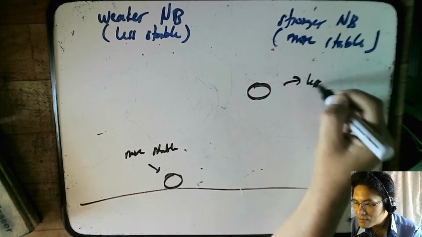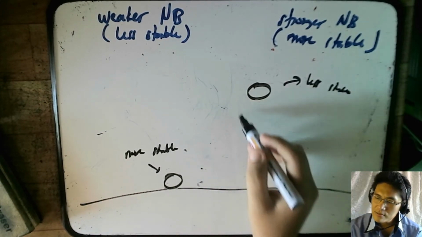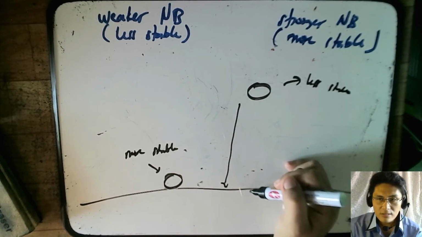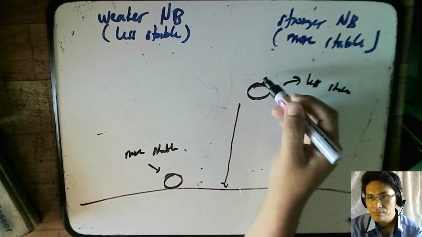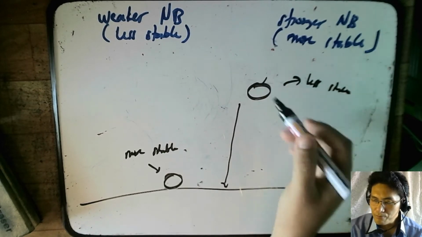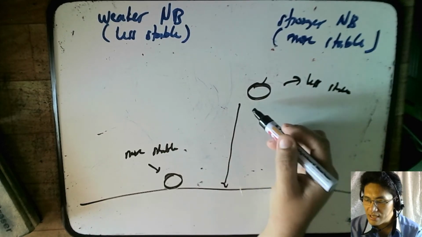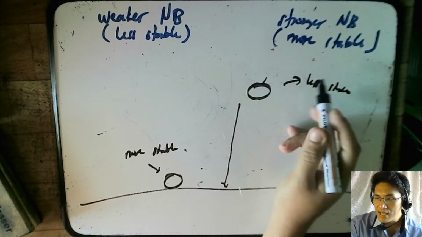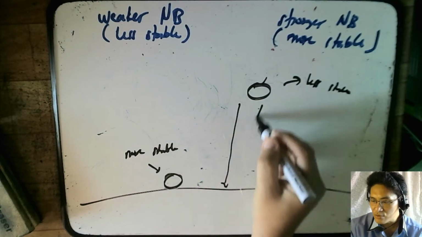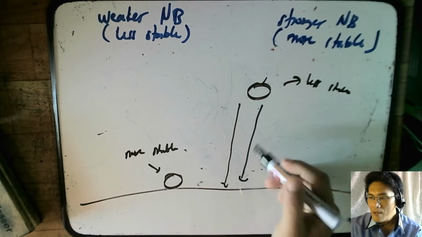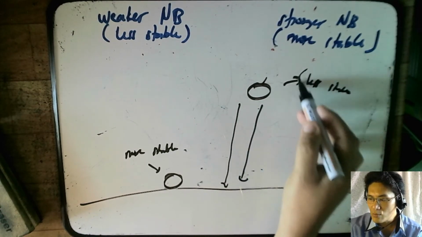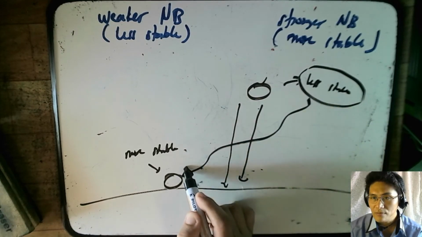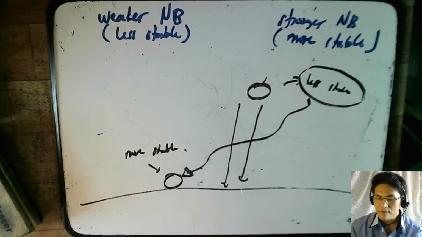This is less stable because gravity is pulling it down. It can fall. Maybe something is holding it from falling. But the point is it's less stable because it can fall. So if it can fall, it is less stable, and that's why it has a tendency to fall down, because falling down means it will try to go into a state that is more stable. Okay?